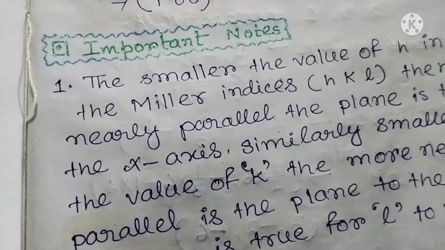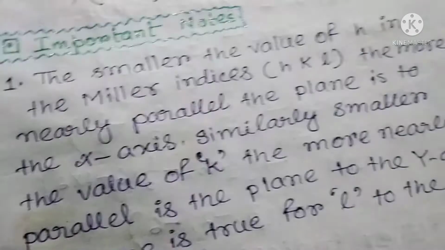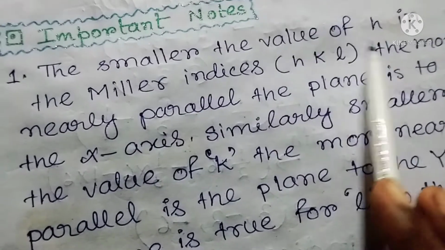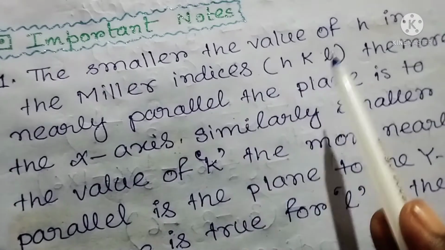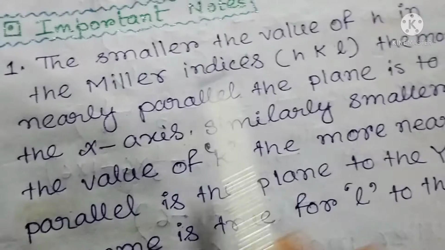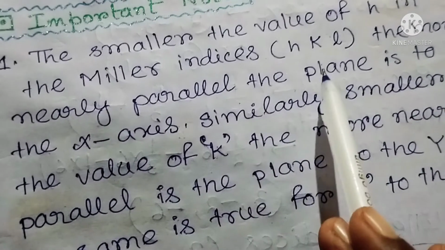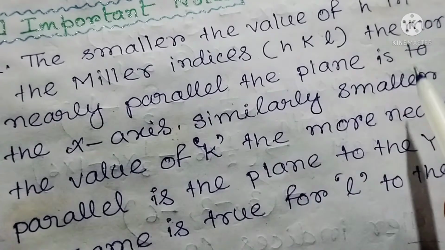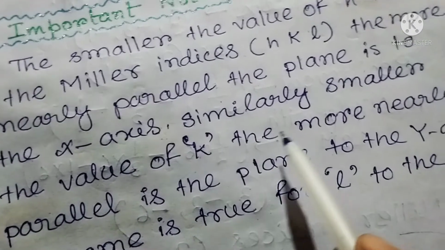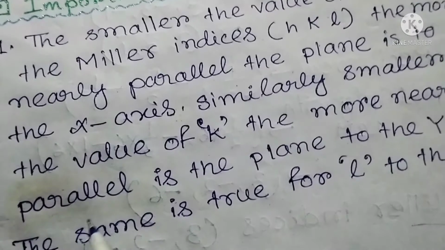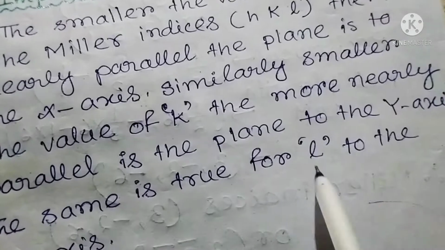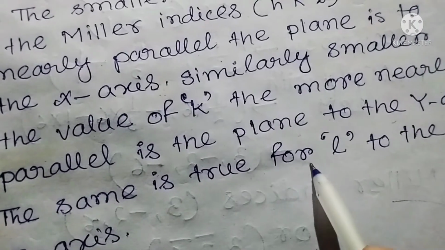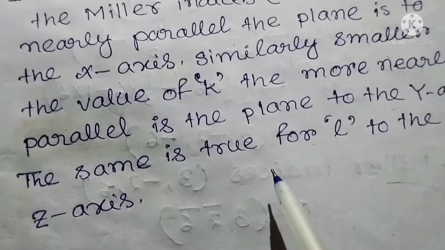Now, let's see some important notes. The smaller the value of h in the Miller indices hkl, the more nearly parallel the plane is to the x-axis. Similarly, the smaller the value of k, the more nearly parallel is the plane to the y-axis, and the same is true for l to the z-axis.